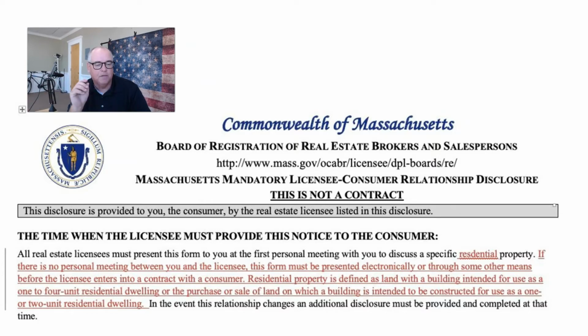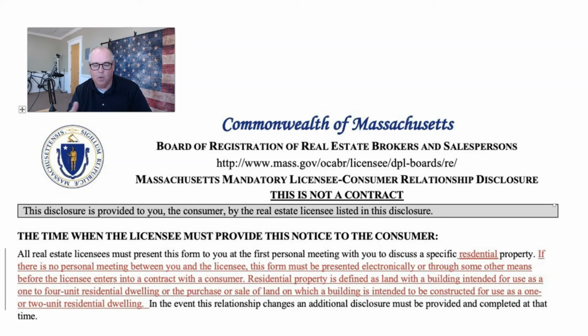So I like that. Before the licensee enters into a contract with a consumer. So that further narrows this down effectively to either a listing agreement or the right to represent if you're working on the buyer side.